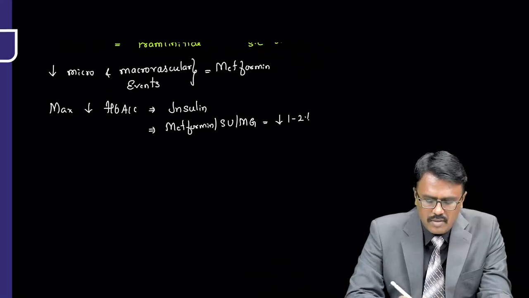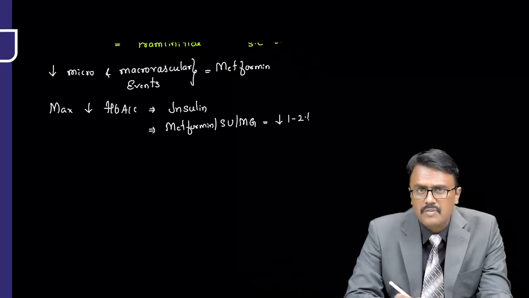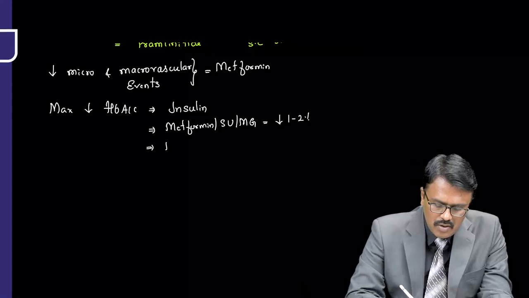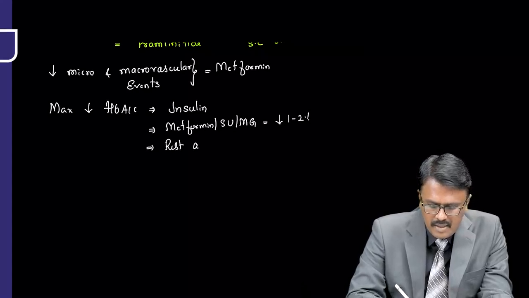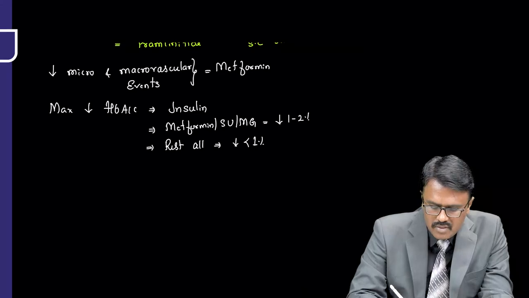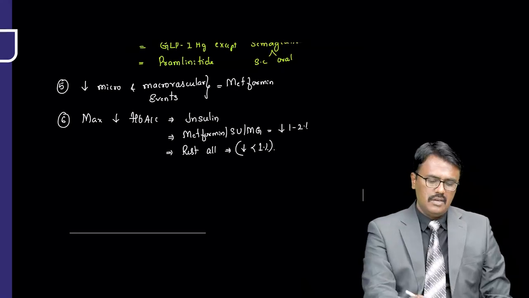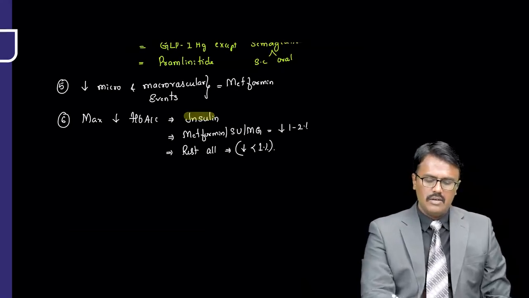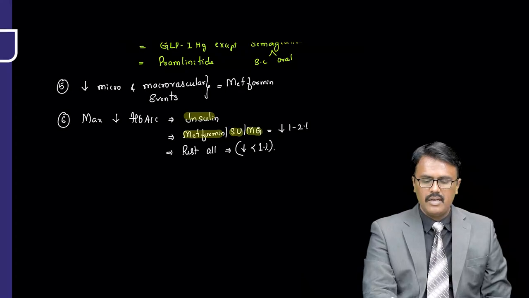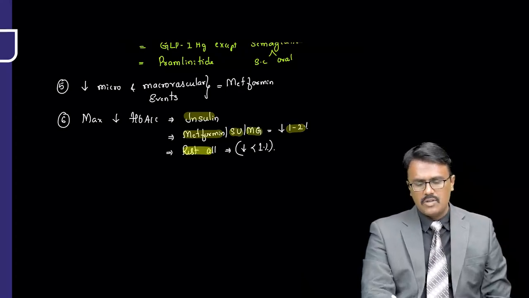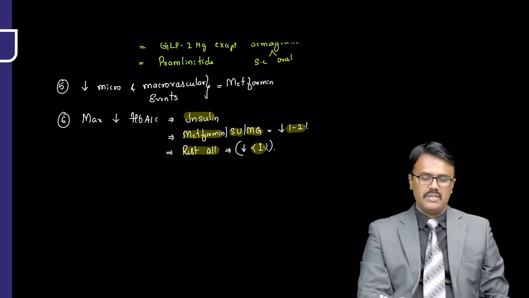If insulin is not in the option, you can choose metformin, sulfonylureas, meglitinides. The rest all are known to decrease the HbA1c by less than 1%. So this is the reason. The maximum is insulin, metformin, sulfonylurea, they can reduce by 1 to 2%. The rest all, they will reduce less than 1%.